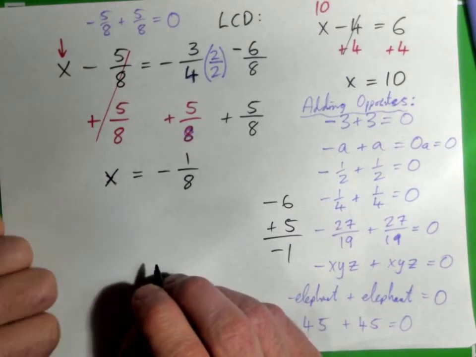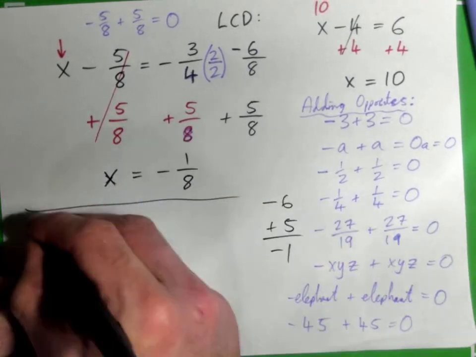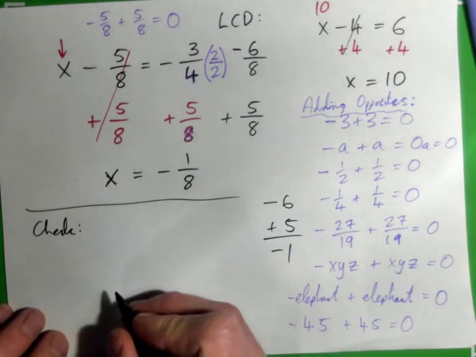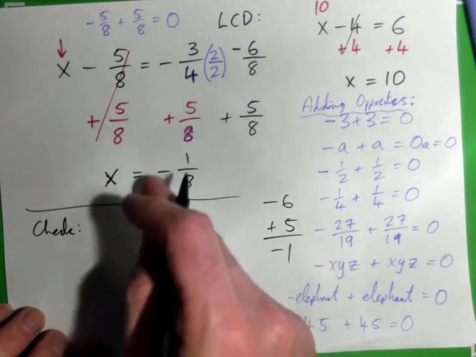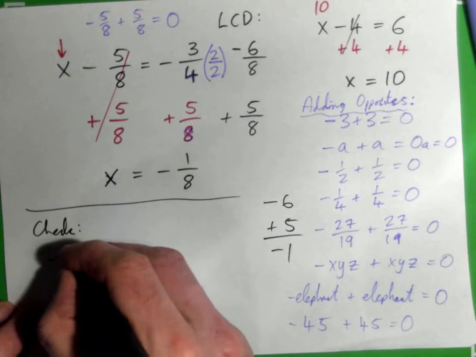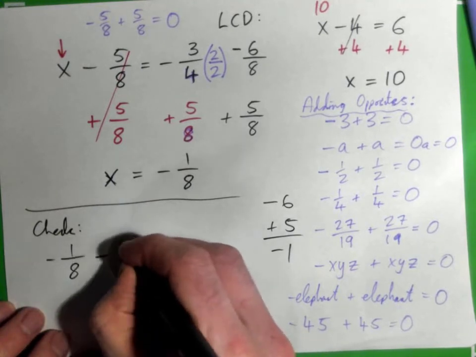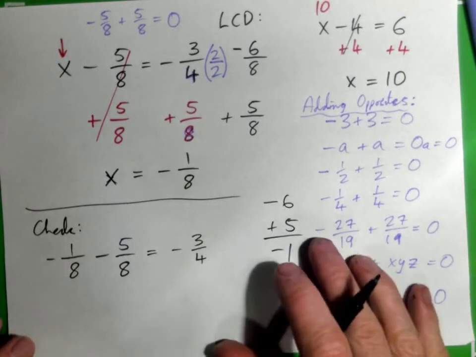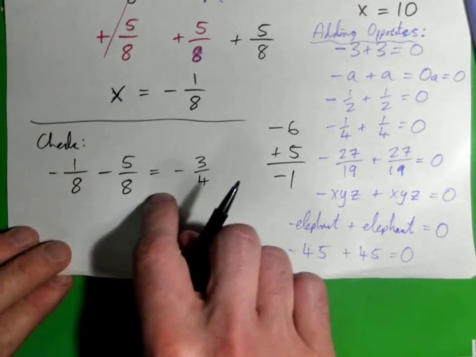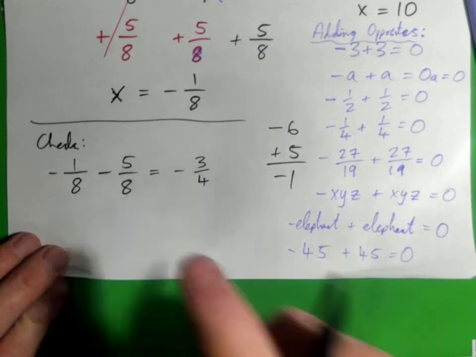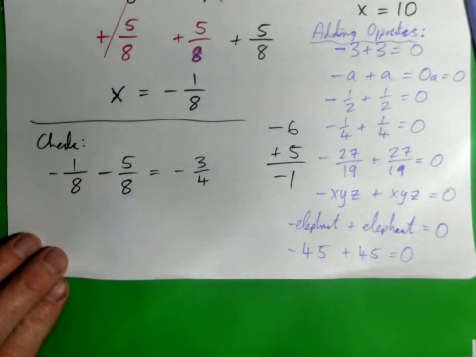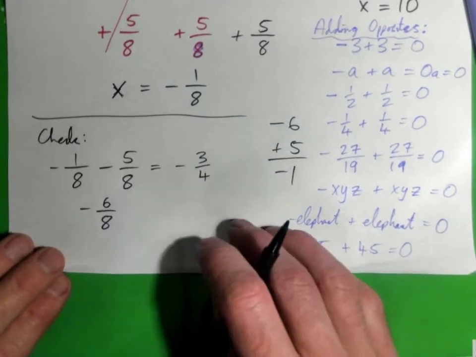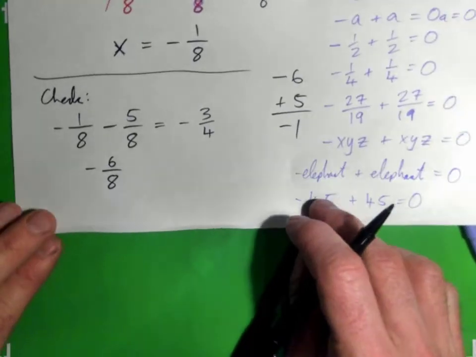You got it. And I'm going to check this for fun. Because it was x minus 5/8 equals negative 3/4. So the answer was negative 1/8, so we'll plug that in for x. Negative 1/8 minus 5/8 should equal negative 3/4. Well, what's negative 1/8 minus 5/8? Negative 6/8. Yeah. And if you simplify 6/8, what do you get?